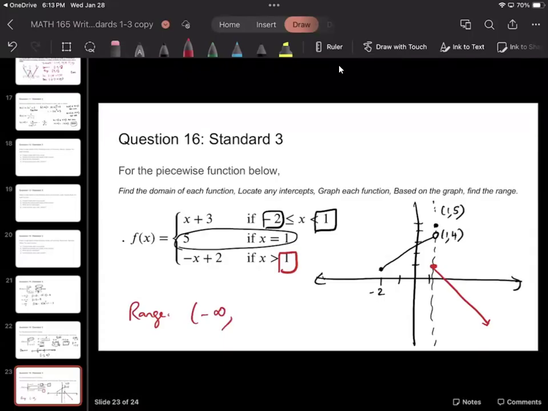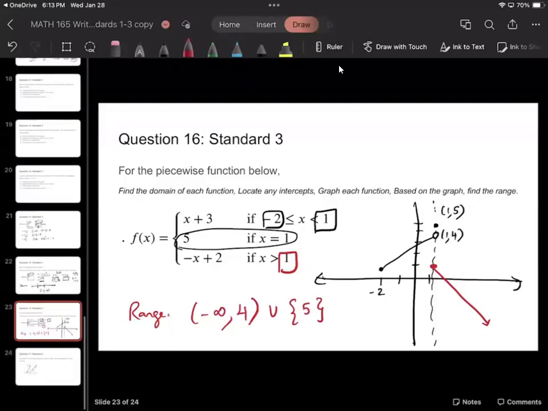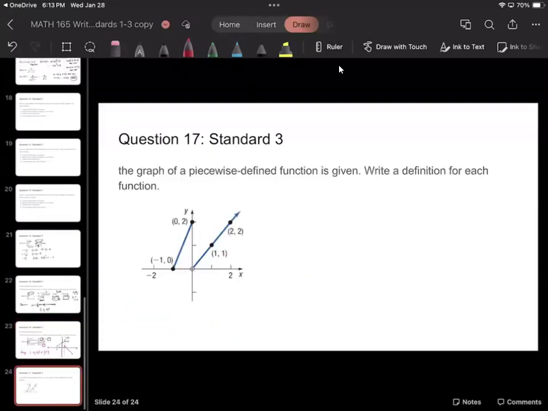Let's see where the highest y value is. The graph goes up to 4, but there is a split. It stops there, and then there is a 5 by itself. Okay, so that is the range.